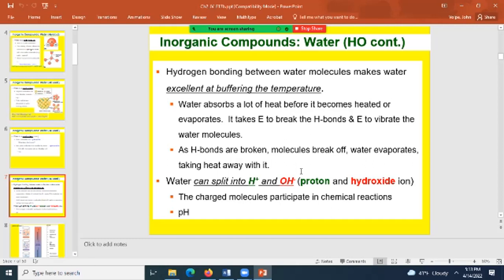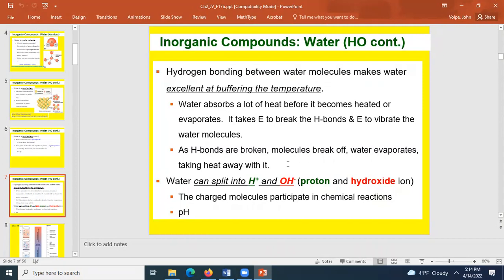That is why water is excellent at keeping us cool when we perspire, because the water molecule that is evaporating is the one with the most energy, meaning it's taking the most heat away from us. Okay? And then, of course, it also takes energy to break the hydrogen bonds in the molecules. And so with all of that, water is excellent at buffering the temperature.